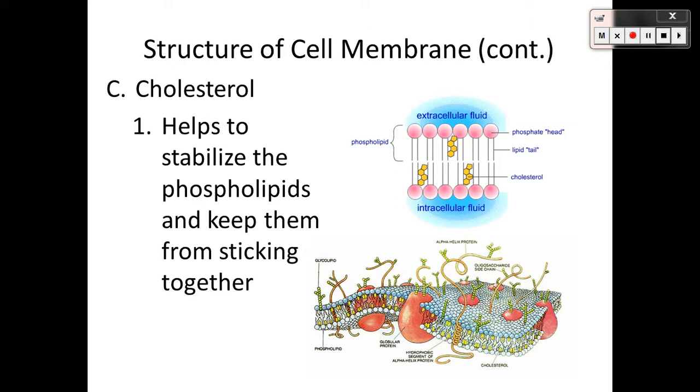So we have cholesterol wedged in between some of these fatty acid tails all throughout the membrane, and you can see it in this picture, all those little yellow spots. It's wedged in there all around to help stabilize the membrane and keep those fatty acid tails from sticking together.